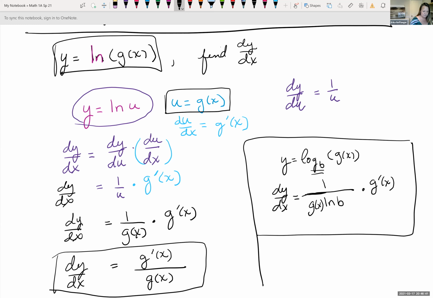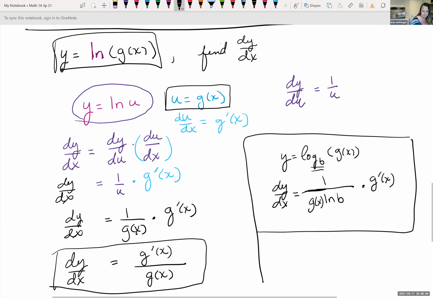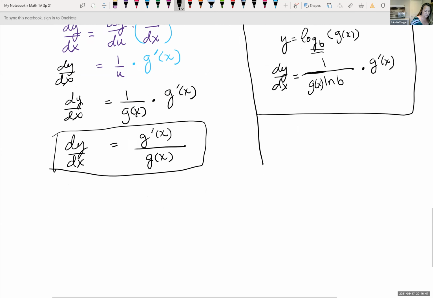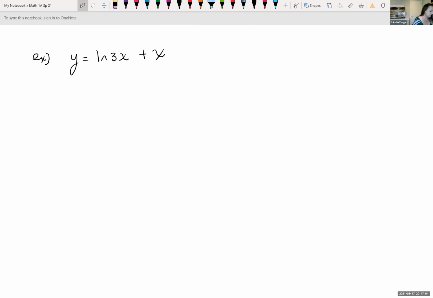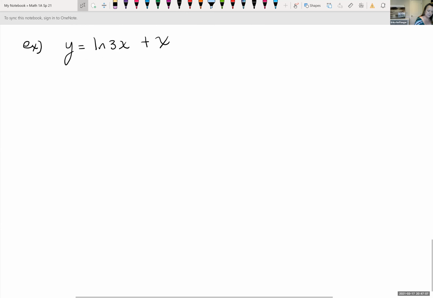Okay, now we can look at an example. If we have y equal to the natural log of 3x, and then outside of that natural log we have plus x, all it wants us to do is find the derivative with respect to x. I'm thinking of my inner function to be 3x.